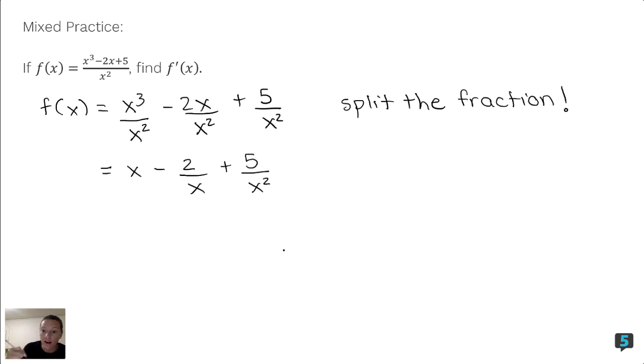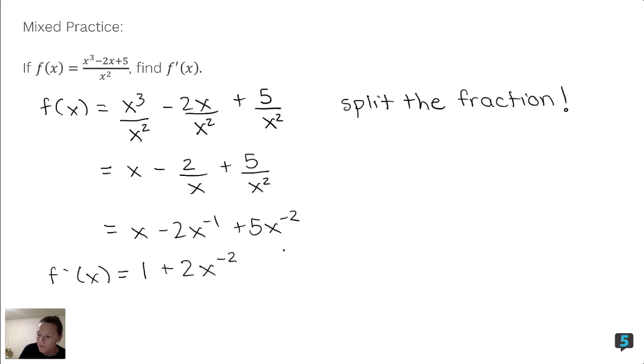And I could rewrite that as x minus 2x to the negative 1 plus 5x to the negative 2. And now I've just got three quick power rules to deal with. So f prime of x would equal 1 plus 2x to the negative 2 minus 10x to the negative 3.